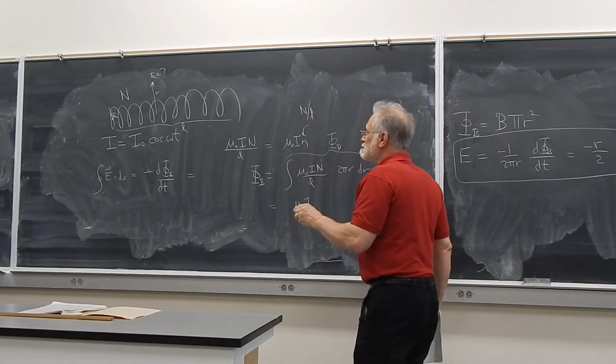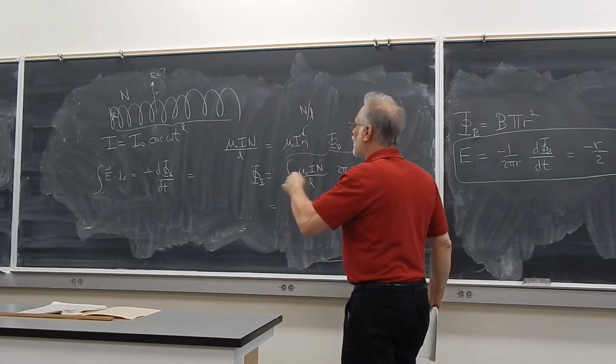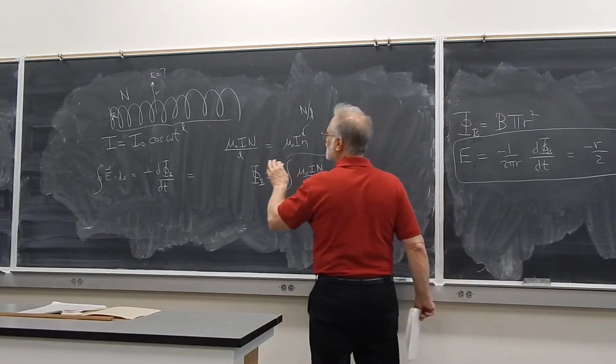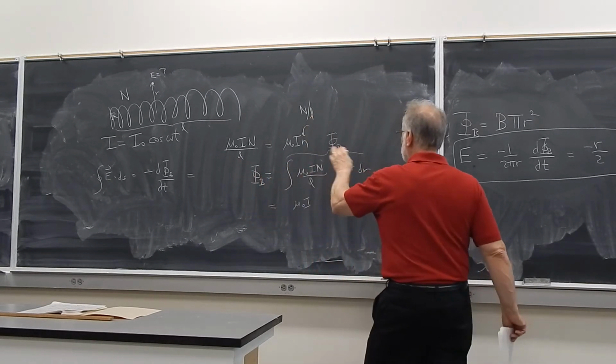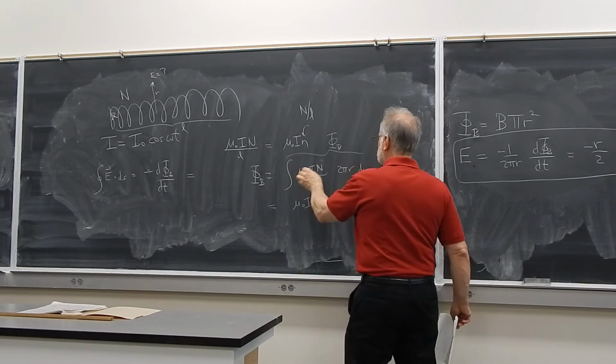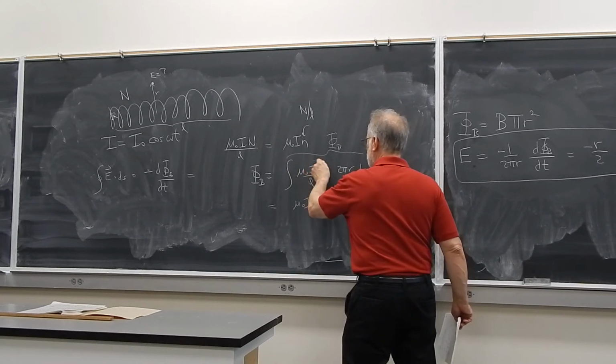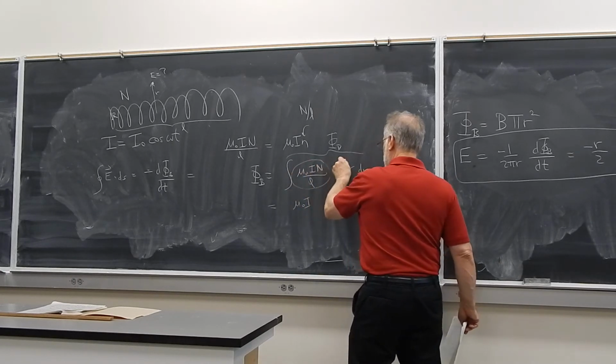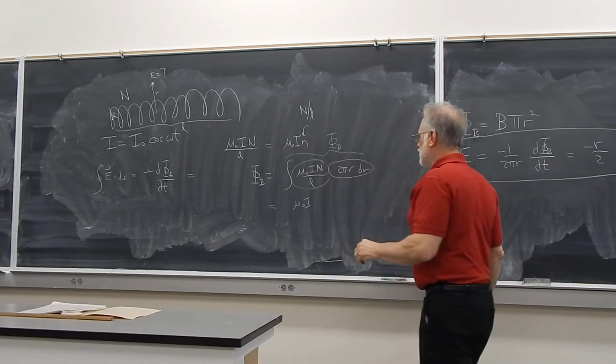The field and the area element are going in the same direction. They're parallel, and so the dot product, B dot dA, is going to be just B times dA. So this is my magnetic field. This is my dA, my area element.